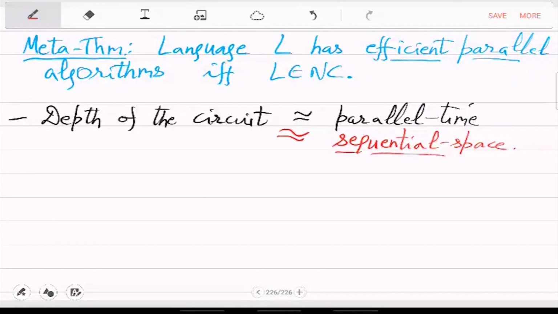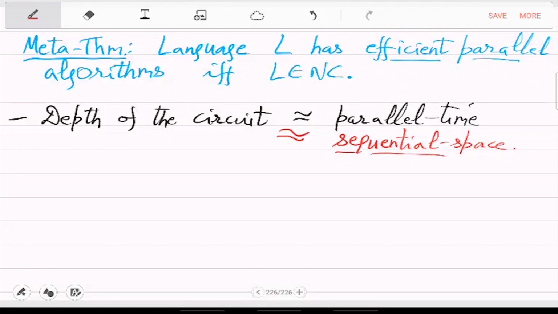Okay, so if you actually simulate this circuit by a Turing machine, then the space required really depends on the depth of the circuit, right? This is natural because unless you compute the previous value below, you cannot go up, right? So that much of memory you need to have. That is the rough idea.